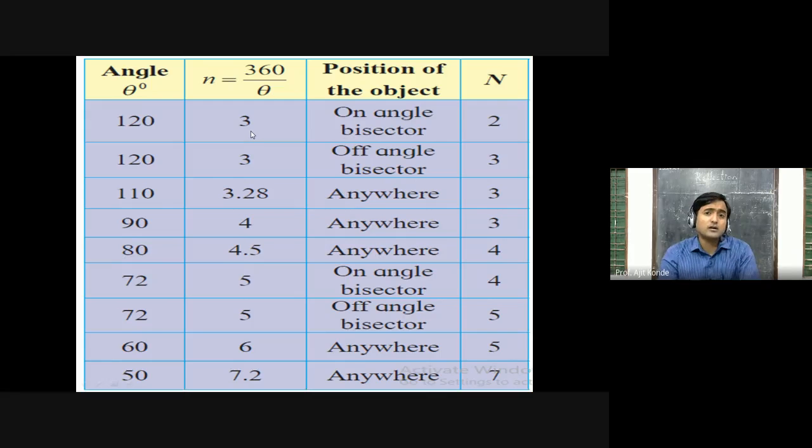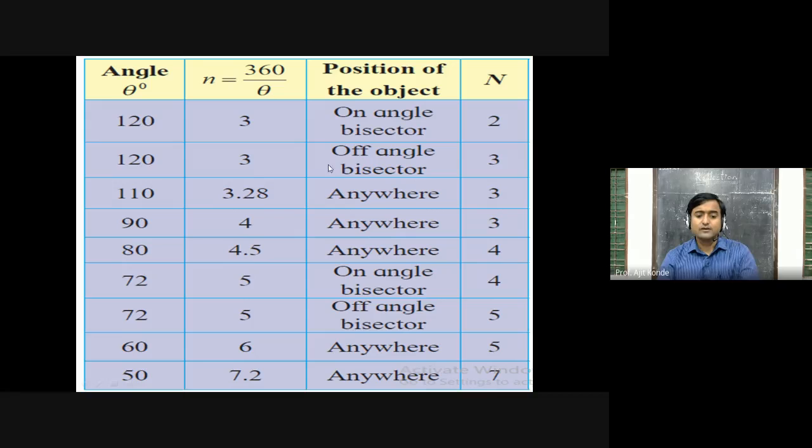Answer is odd, and I told you that if the answer is odd, then we have to see whether the object is on symmetry or not, or on the angle bisector or not. If it is on the angle bisector, we have to subtract 1 from it. The answer will be 2, means 2 images will be formed.